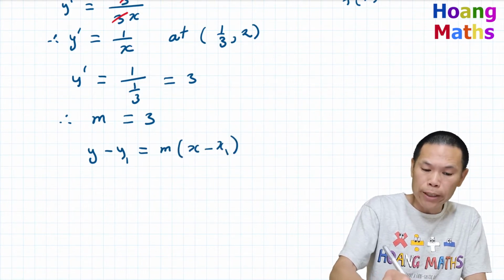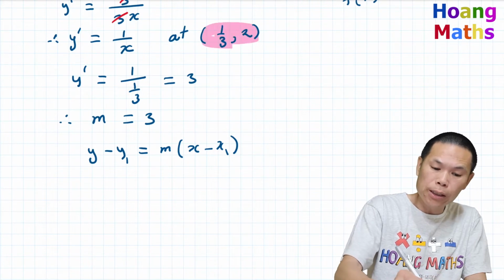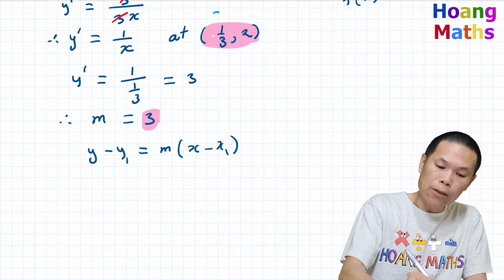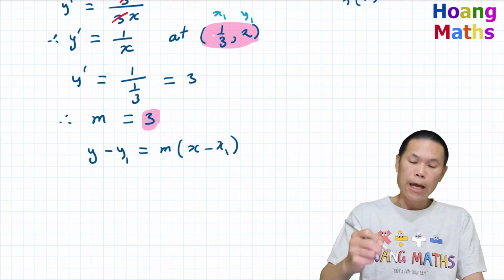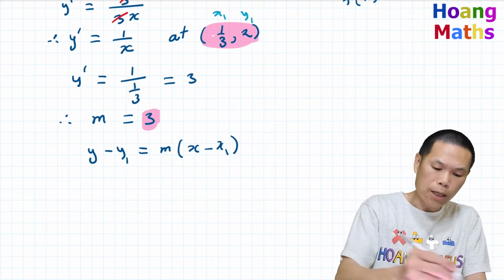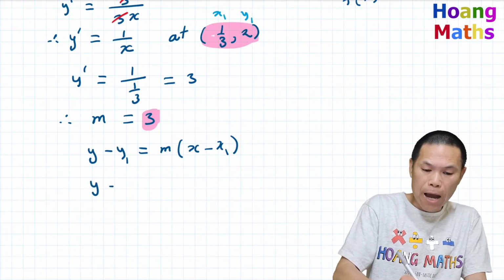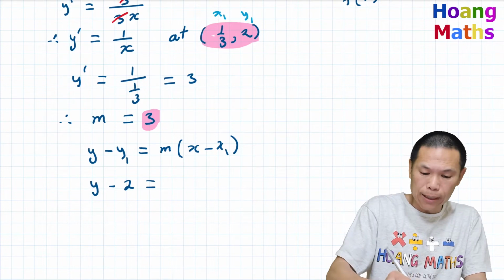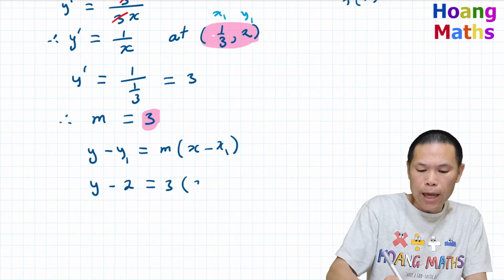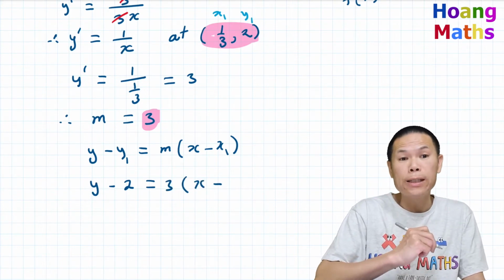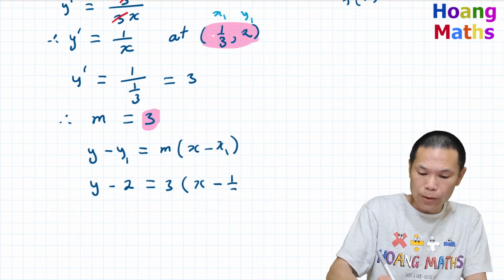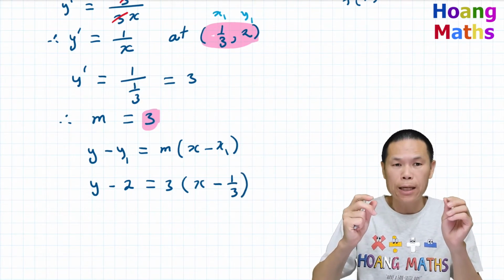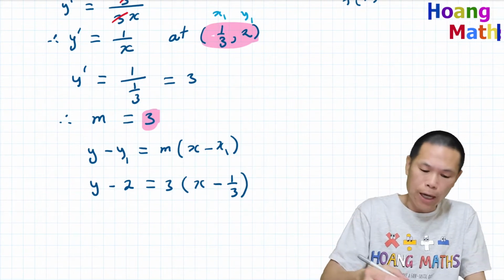The point is x1, y1. Now we just substitute that into the formula. So y minus y1, that is 2, m in this case is 3, and then x minus x1, where x1 is a third. There you go.